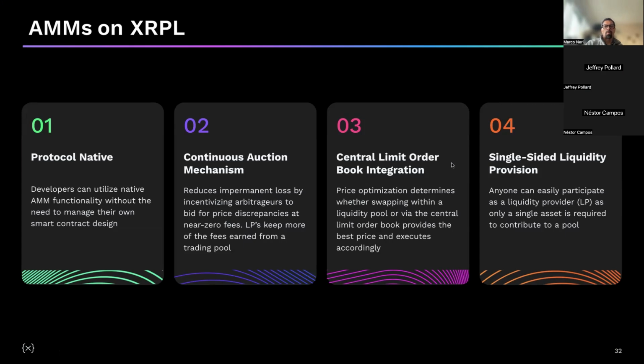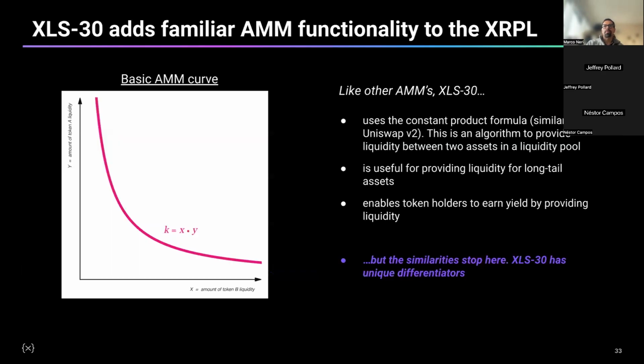One important thing to realize is that there's a combination of the central limit order book with the AMM, and they interact in the same system, meaning that if an order comes in, depending on the liquidity, it will go through either of the two routes, the central limit order book or the AMM. And anyone will be able to participate as a liquidity provider.